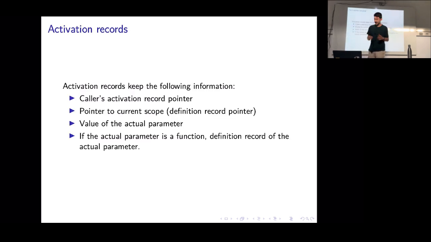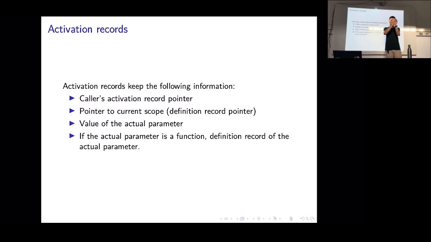Okay, for the activation records, the things we care about are the caller's activation record pointer, which is used to return the control to the caller once we have called a function. The pointer to the current scope, which is the definition record pointer, is used to go back and, for example, if we're inside a function and we want to access L1 or L0.